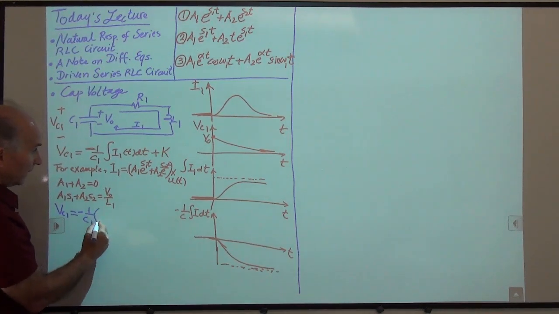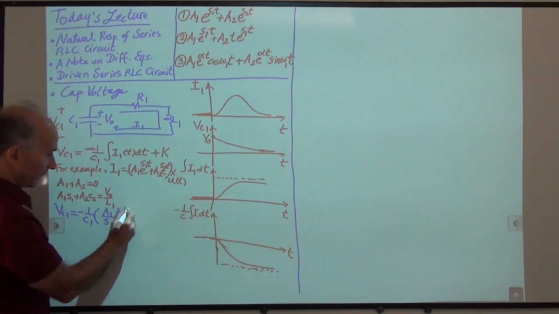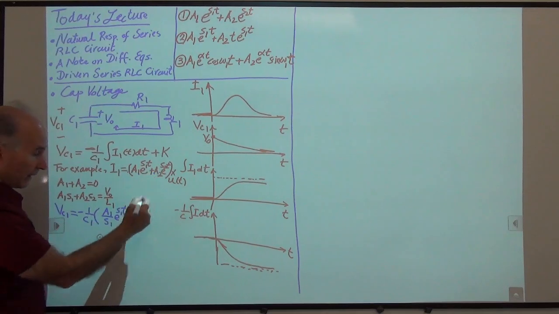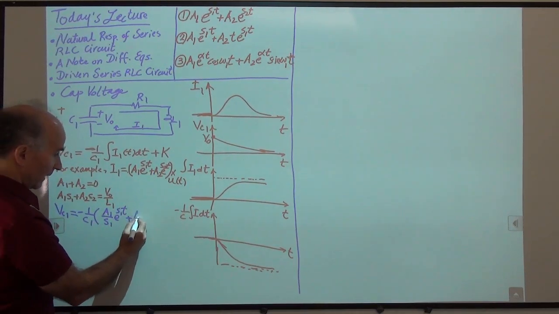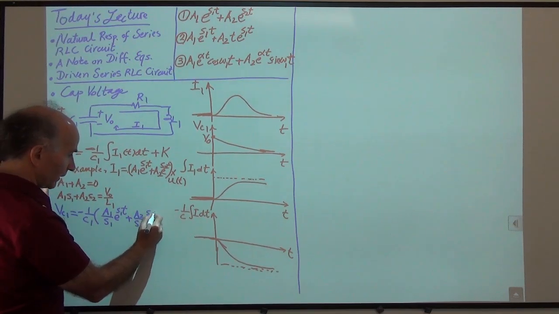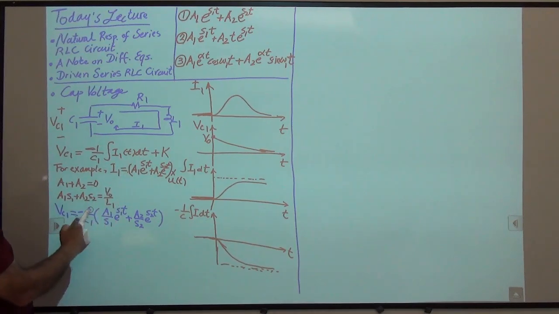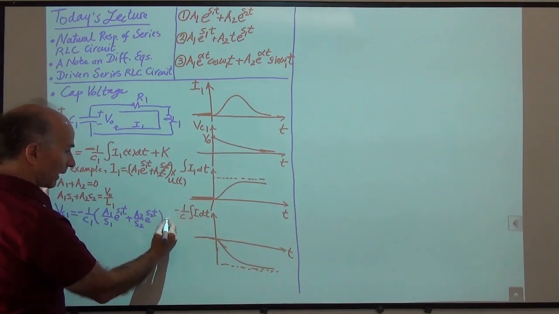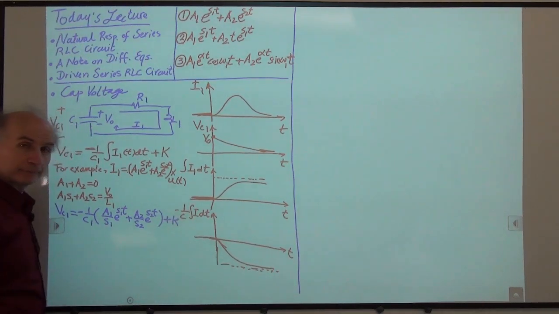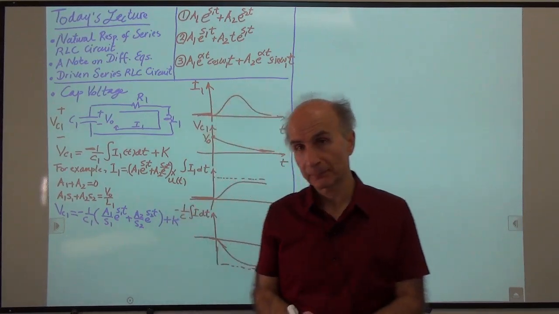So we have A1 over S1 e to the S1t, that's the integral of this guy, and then similarly here, plus A2 over S2 e to the S2t. And this integral, which is multiplied by minus 1 over C1, needs a k, a constant of integration.